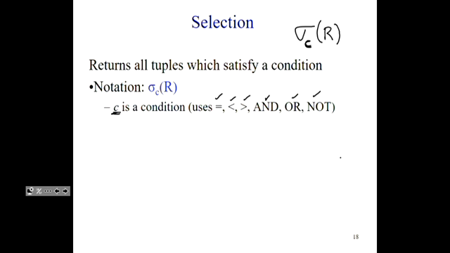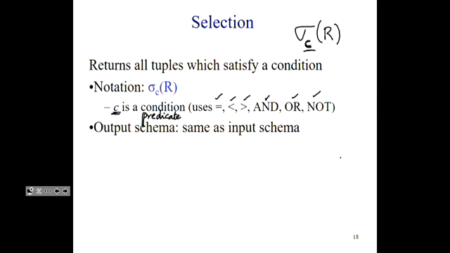These are various things that you can use within this condition in the selection clause. This condition is also known as a predicate. This is a predicate that you are using to select the tuples in your relation.